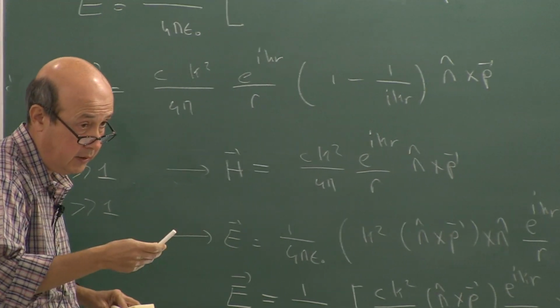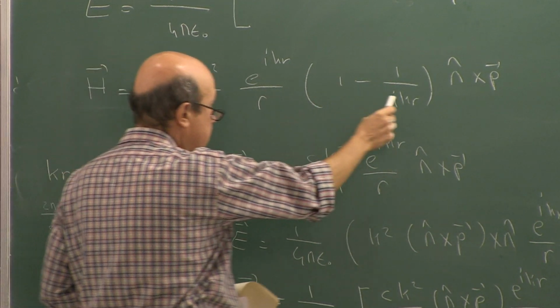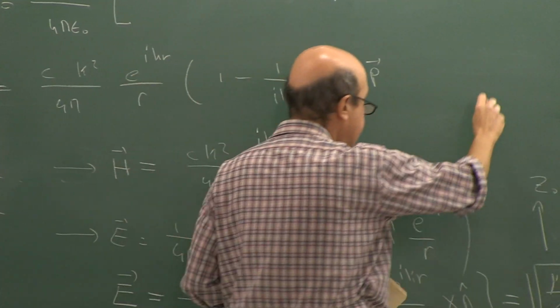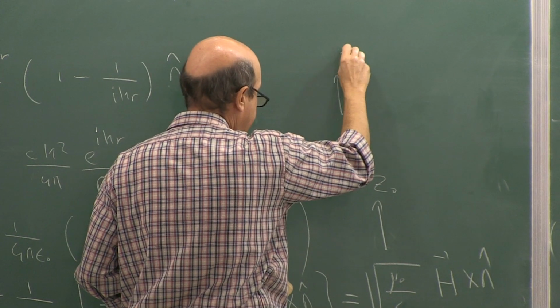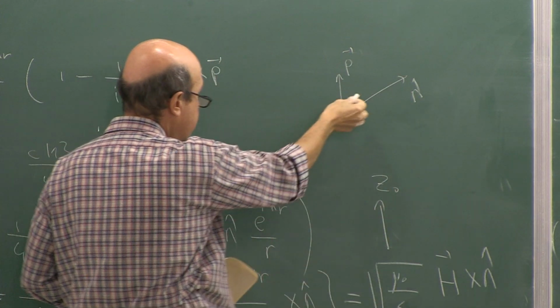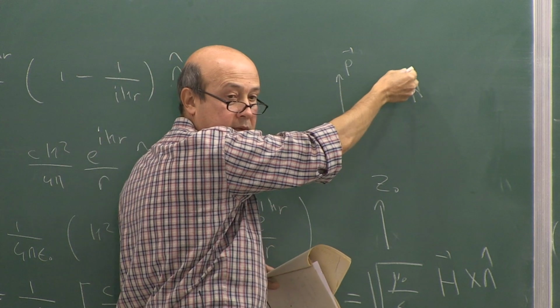But in general, if we are somewhere, n cross P is what? P is the electric dipole moment, n is the point of interest. In general, what is n cross P? It is transverse to the r hat.